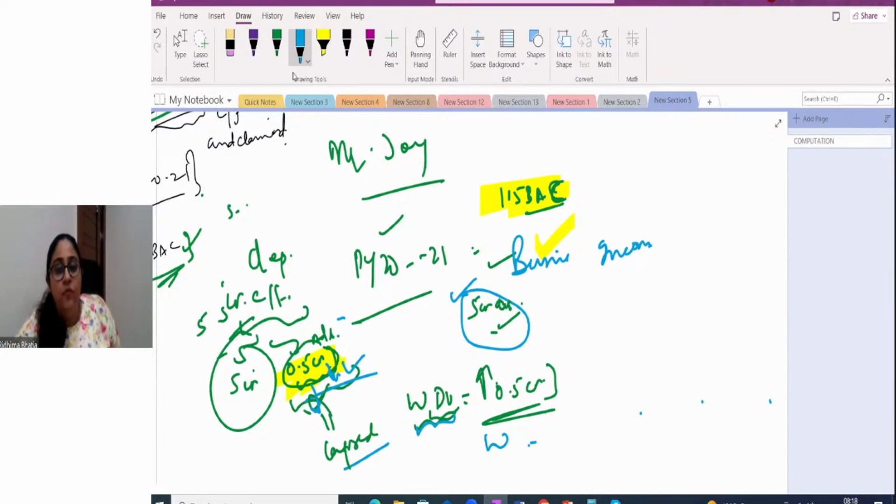Okay. Foregoing or lapsing, meaning you have to give up that benefit. So the 0.5 crore of depreciation which otherwise you would have carried forward and set off against your business incomes, now you cannot set it off. You are giving up that impact. Give up.